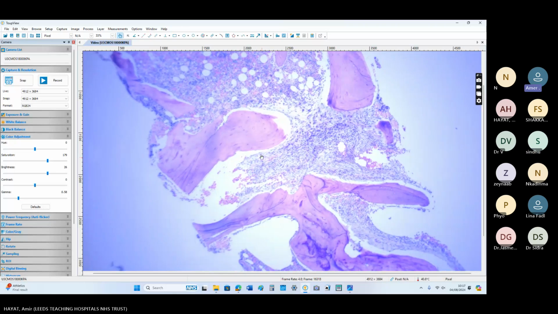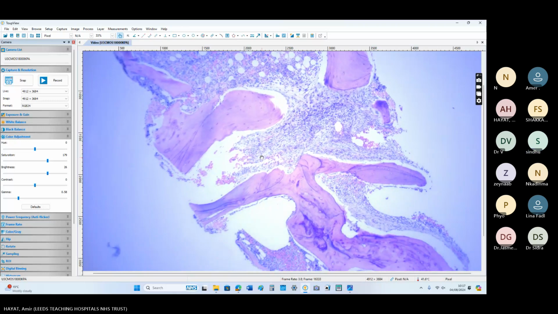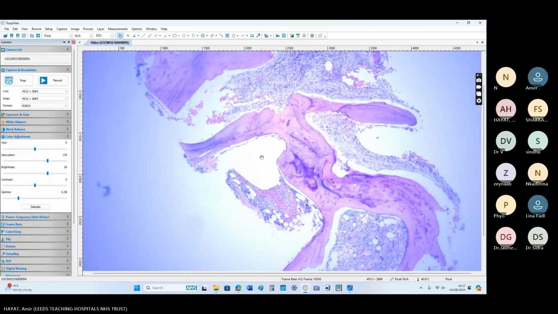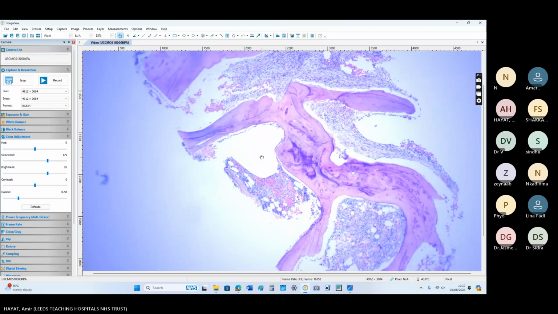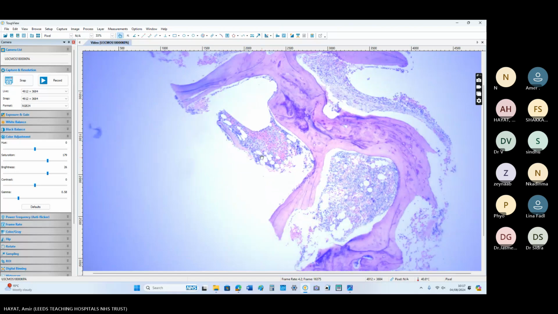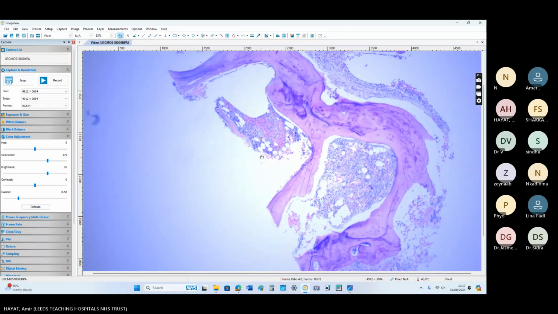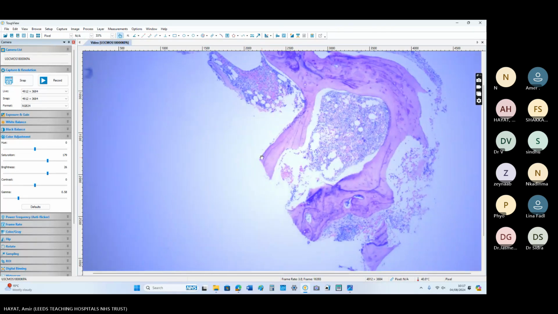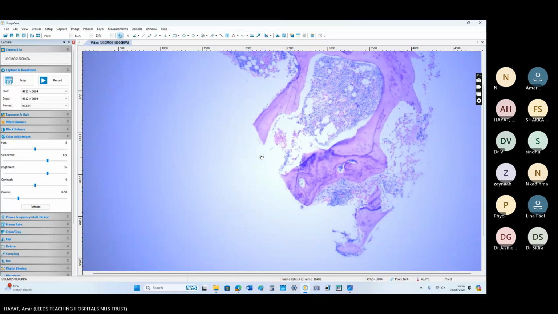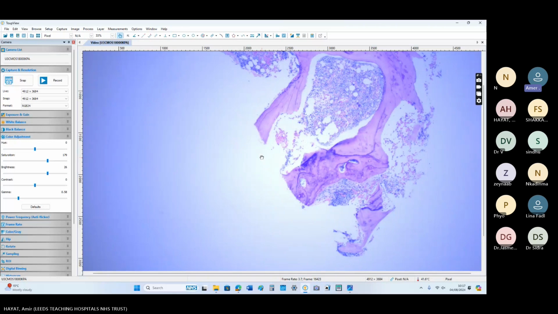And this is the Giemsa stain. Okay. I will go to power 10.